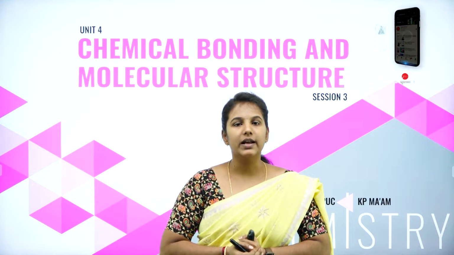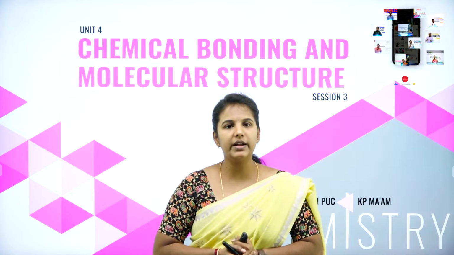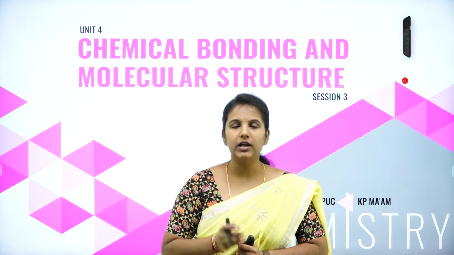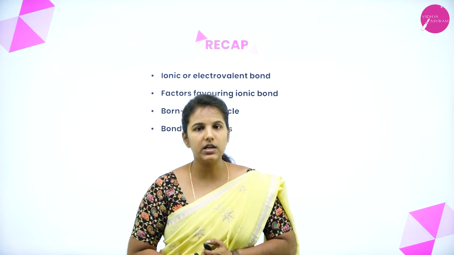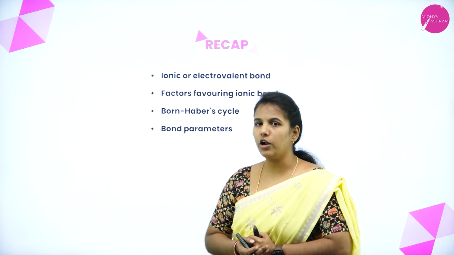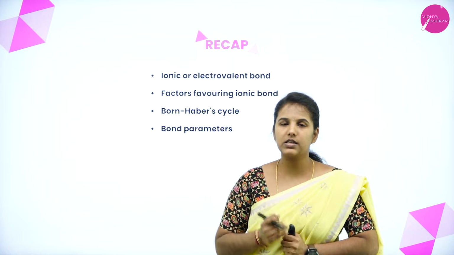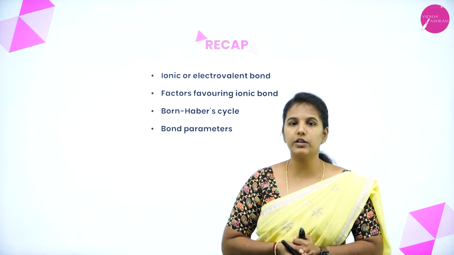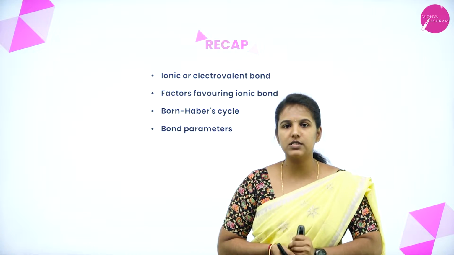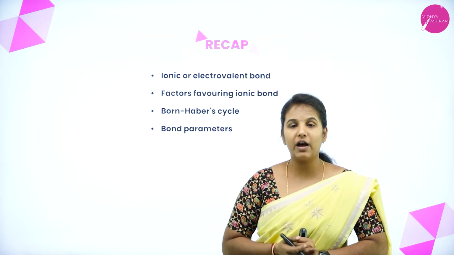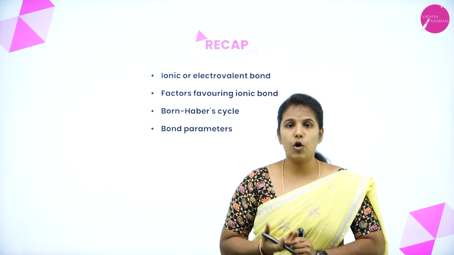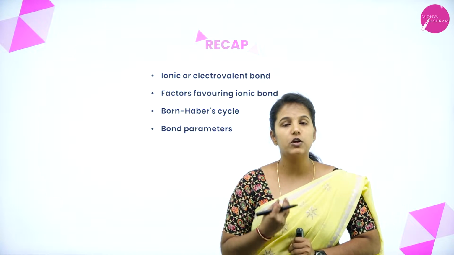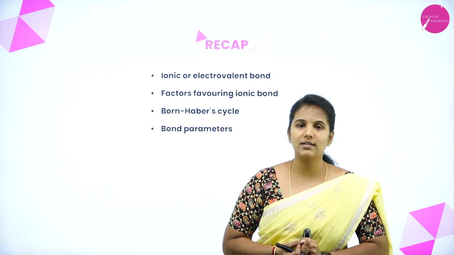My dear students, in our last discussion, we were dealing with the unit called Chemical Bonding and Molecular Structure. Under that, we have discussed the ionic bond, examples of the ionic bond, and the factors which favor the ionic bond. We also discussed the Born-Haber cycle to understand more about the formation of sodium chloride crystals.